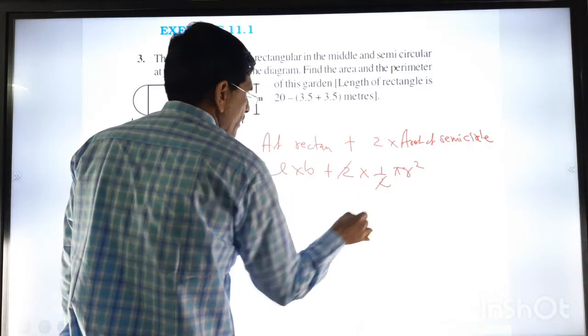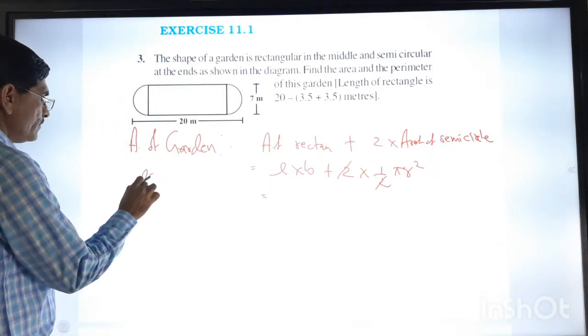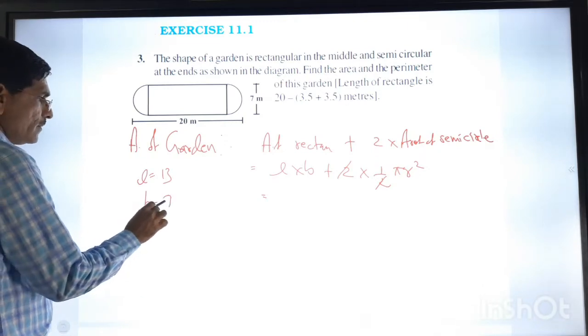These two cut. Now L into B, the length is 13 and the breadth is 7.